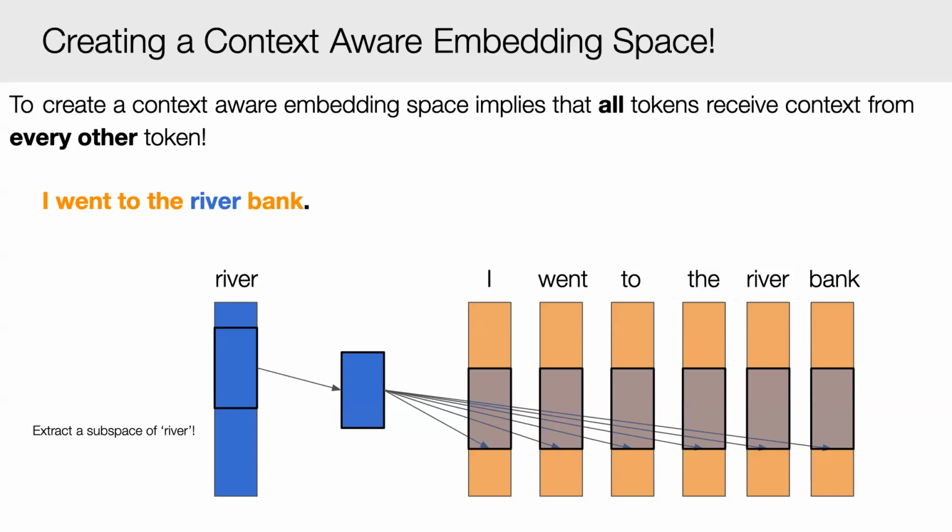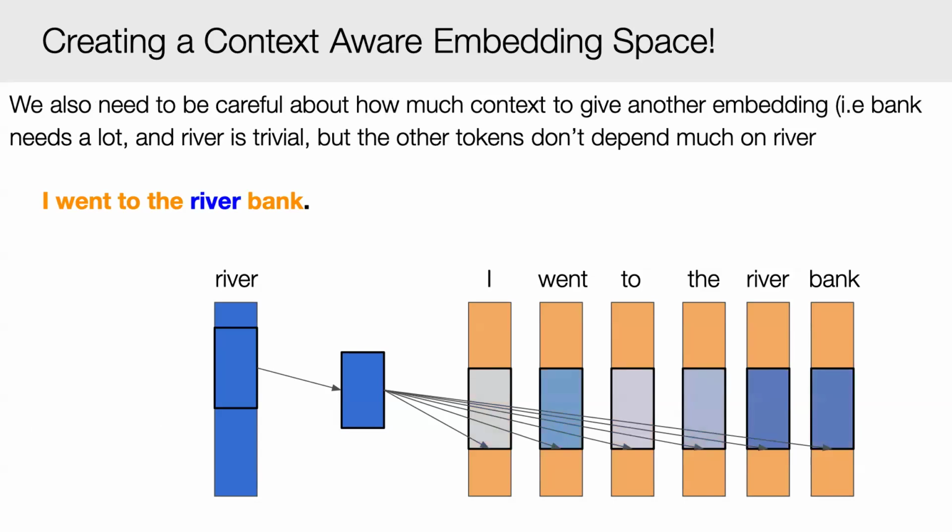When we read sentences, we take in all the words together at once to make meaning from it. It's not just, oh, bank comes after river, therefore it's a river bank. It's also, I am at the river. So we want to be able to send the subspace of river to all the different words that we have here.